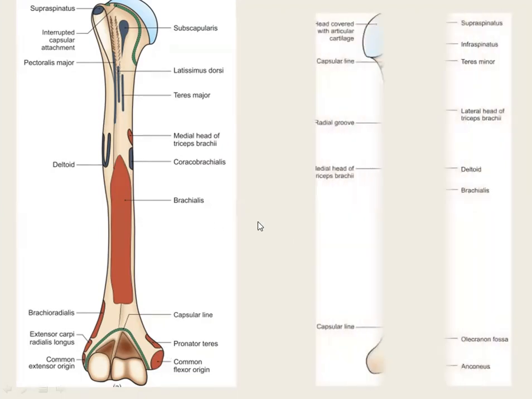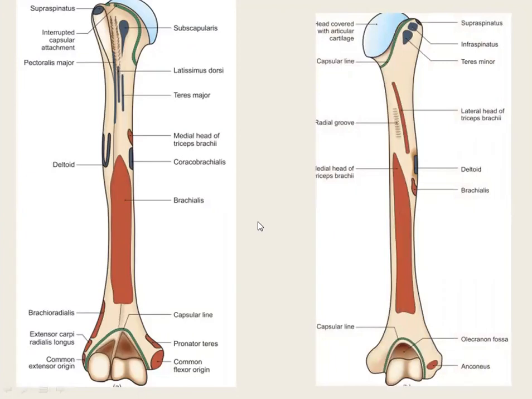Then we will see the posterior aspect of the muscle attachments. There is the supraspinatus, then below the supraspinatus, infraspinatus, then below the infraspinatus, there is the teres minor muscle. Then above the radial groove, there is the lateral head of the triceps brachii.